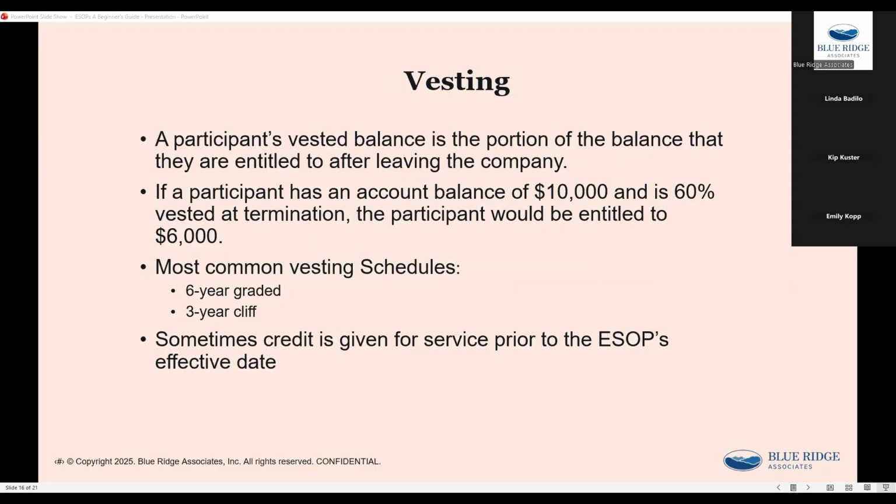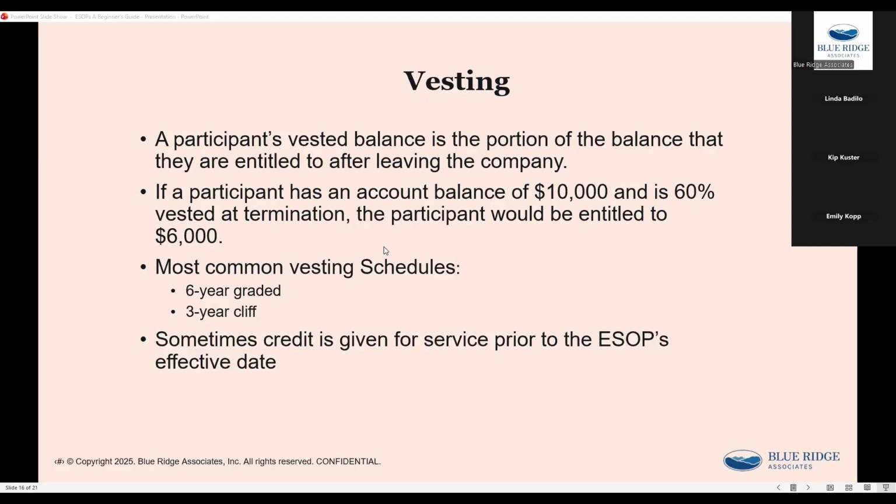Thank you. One of the things that Kip mentioned earlier was talking a little bit about forfeitures, and that directly ties into how much of a participant's account they actually own. And that refers to the concept of vesting. So a participant's vested balance is going to be the portion of their account that they are entitled to own after they leave the company.